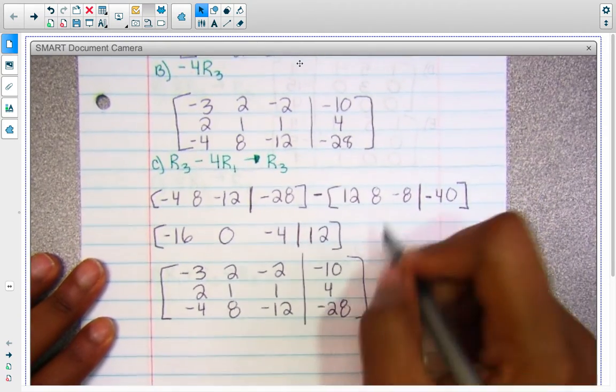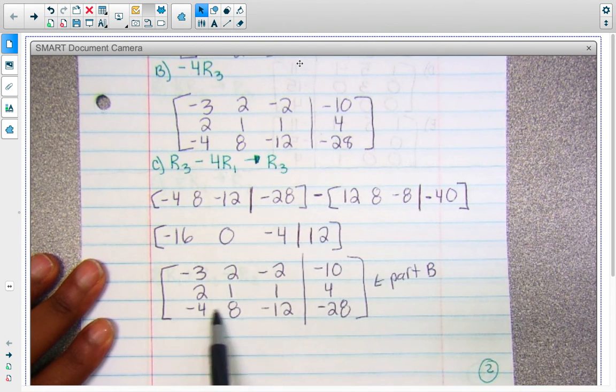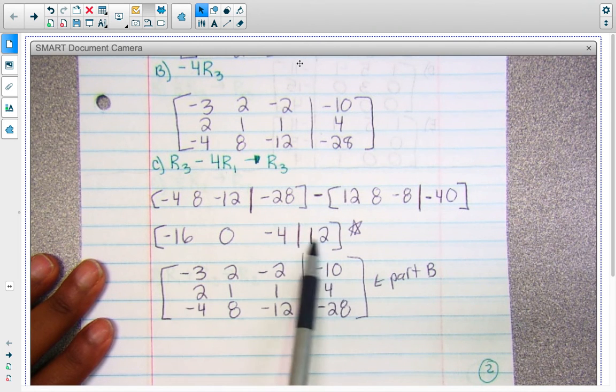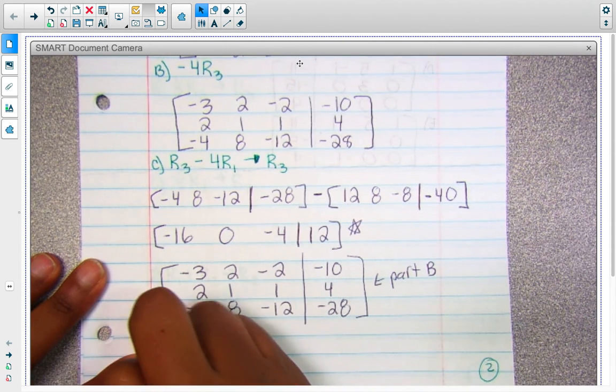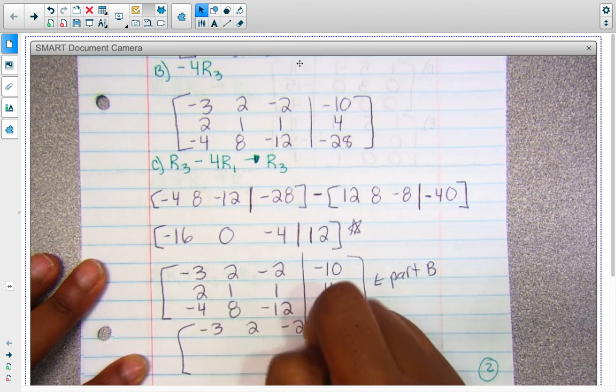So the only row that I'm changing is the last one. So this is the only row that needs to change, and it needs to change to this up here. So this is the previous matrix that I had. I just now need to change it to this. So my final answer would be this, this, and this.